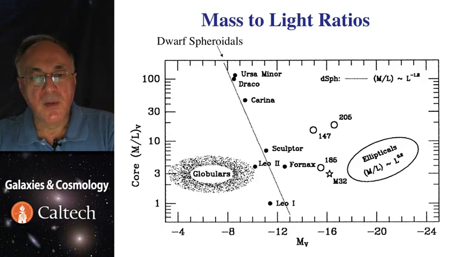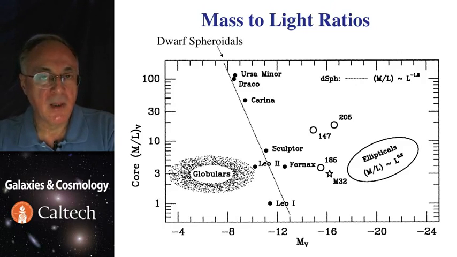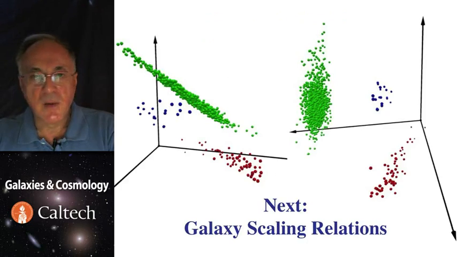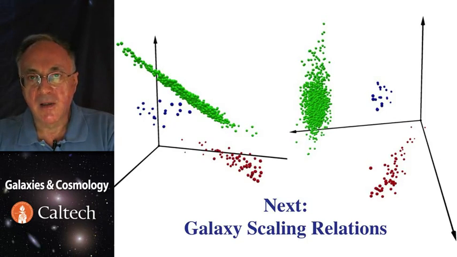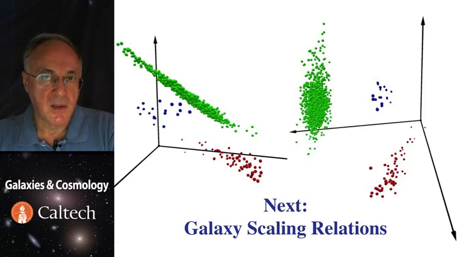And you can see that there is this branch of dwarf spheroidals that just shoots up, reaching mass to light ratios of the order of 100 at the very low mass end. This has been confirmed by many, many subsequent observations. Now we know many more of these galaxies. This will lead into the next discussion about how we can use scaling relations and correlations for galaxy families to learn something about their internal physics and formation.